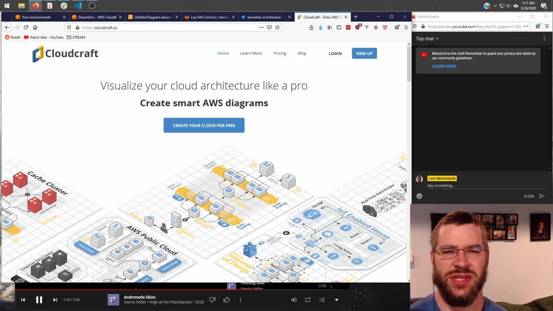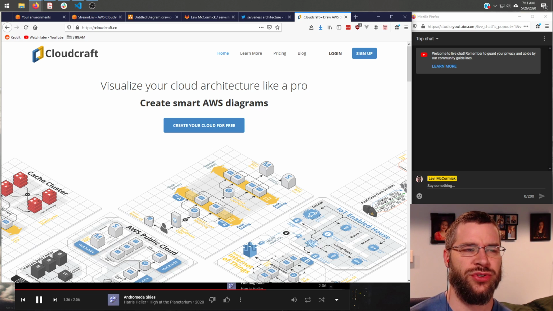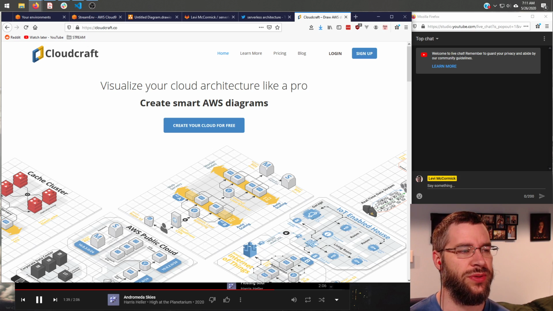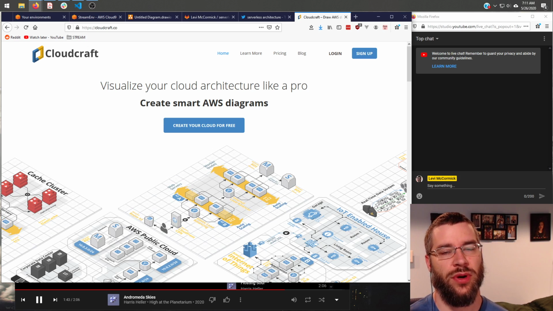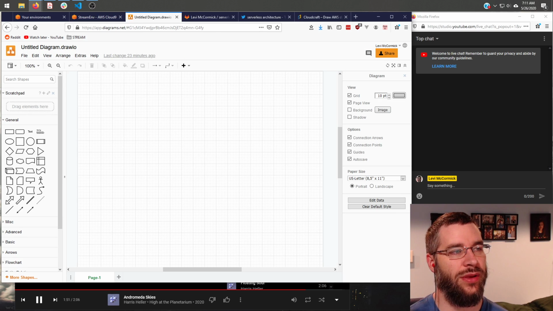It represents auto scaling really well. It'll show you the tiers of your application. I built a few serverless diagrams in this, and it was okay. I think using this is going to be probably a little bit better. Using Drawio.